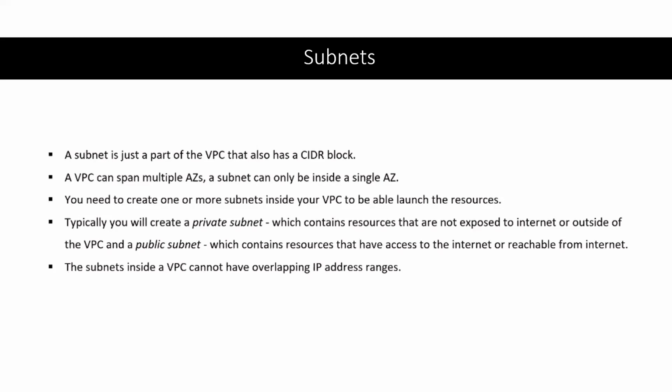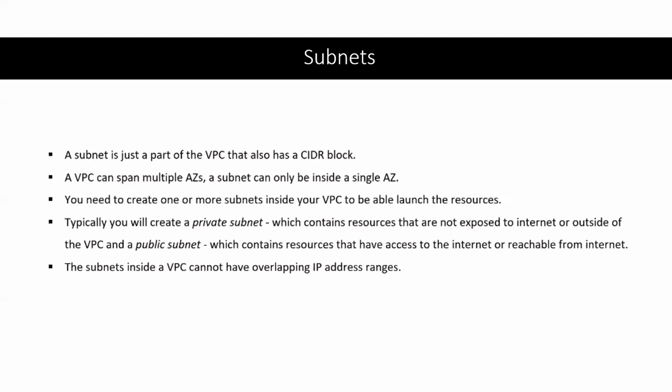We'll create a private subnet, which will not be exposed to the internet or to anything outside of the VPC, and a public subnet that will be reachable.